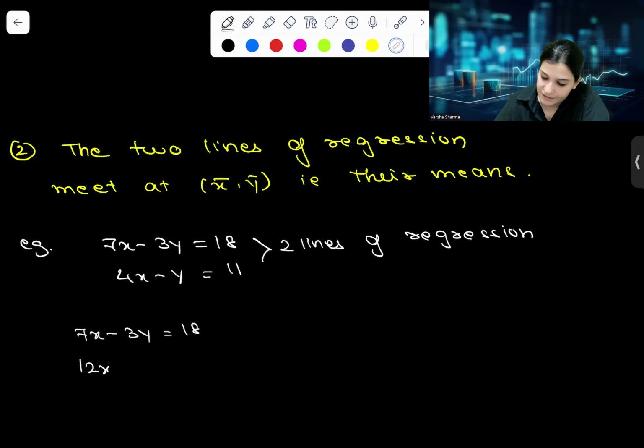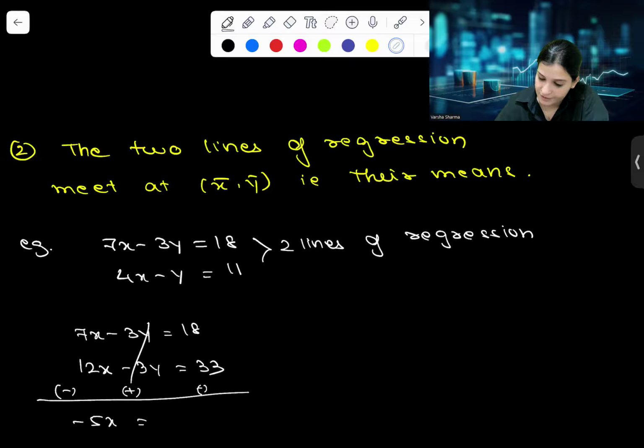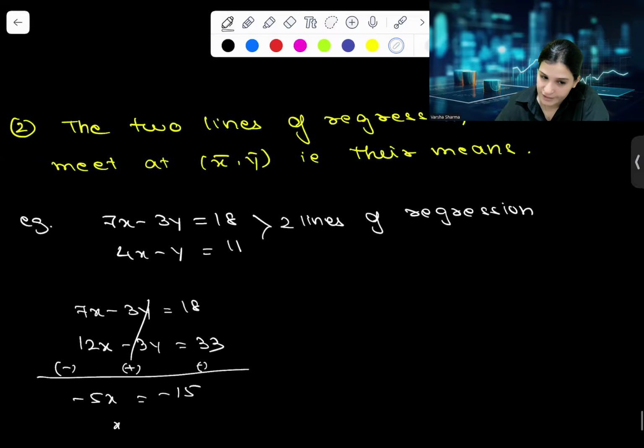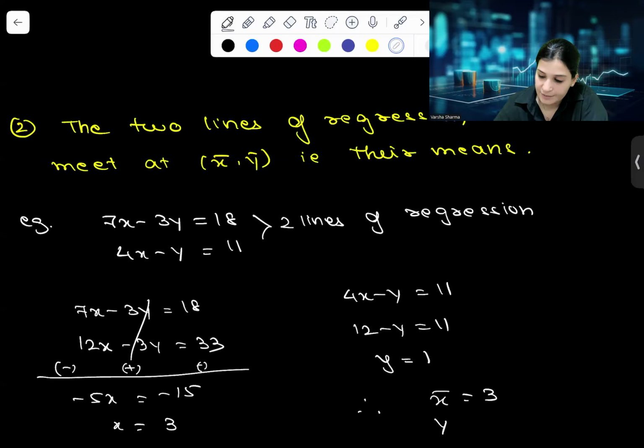The second is multiplied by 3. Subtracting them, minus 5x is minus 15. So x will be 3. Put this value in any one equation. Y is 1. That means the mean of x is 3 and the mean of y is 1.